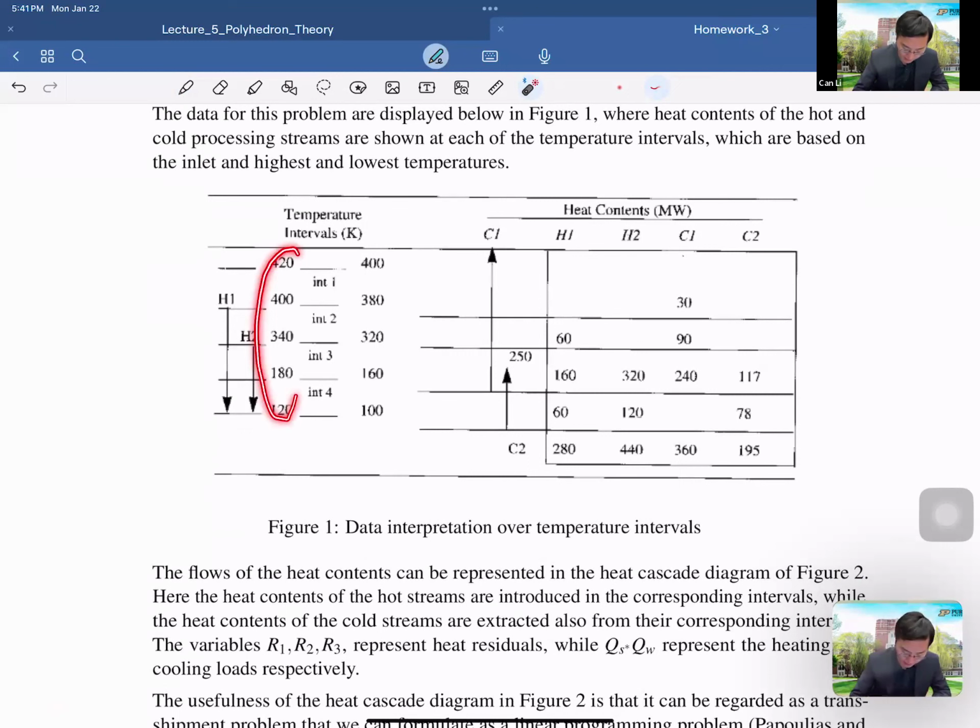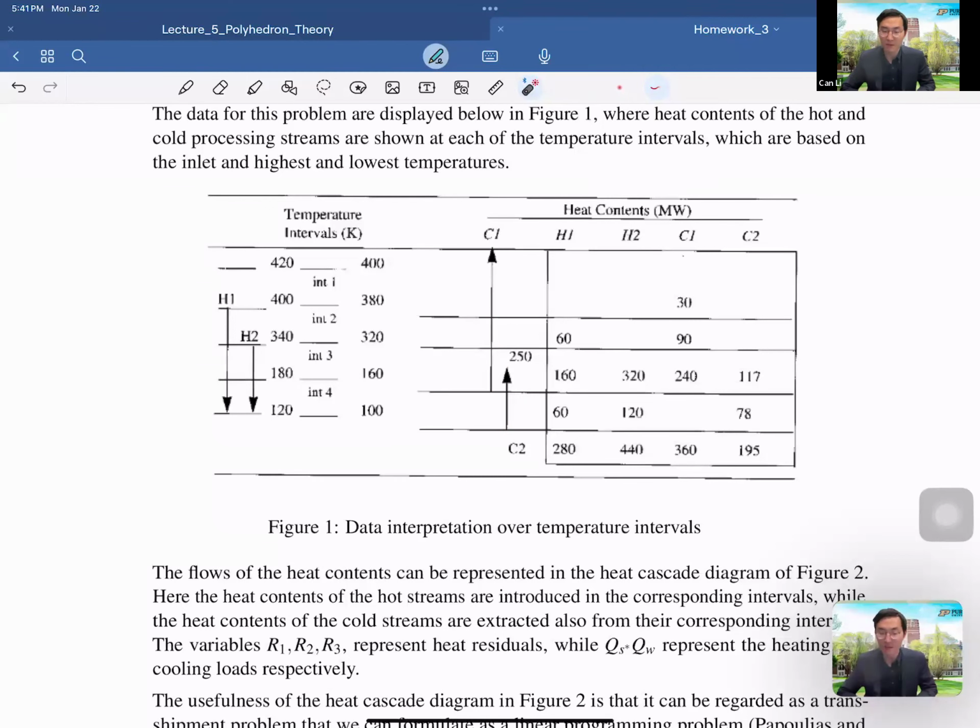We have the temperature for each of the interval. Then you can put the hot stream, for example, H1 is from 400 degrees C to 120 degrees C, and then H2 is from 340 to 120. And on the other side, we have the cold stream.